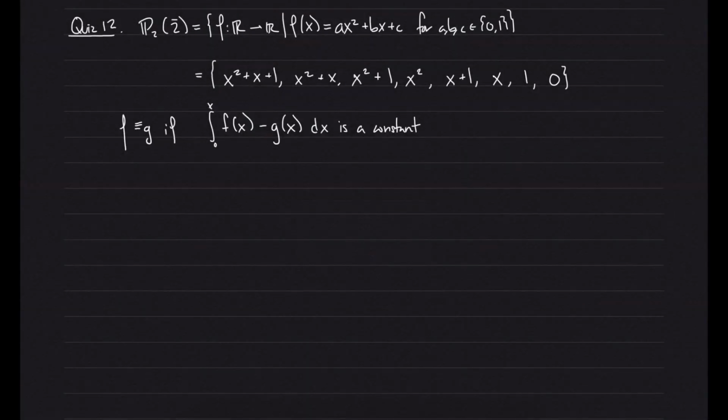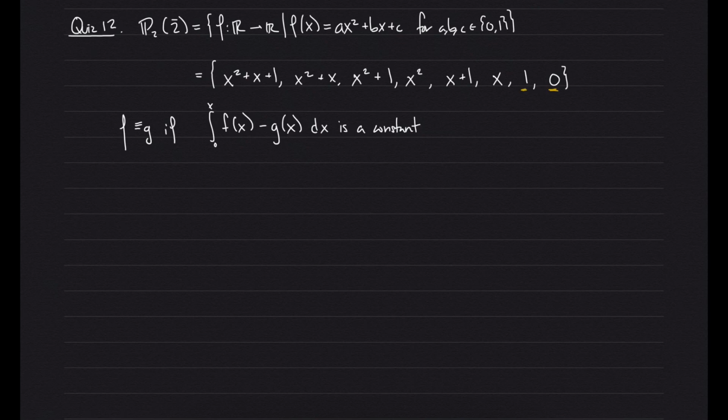Maybe it's slightly more correct for each of these to write lambda x, x squared plus x plus 1, the function that sends x to x squared plus x plus 1, but I've just left that out to make it a bit easier to read. So we've got these 8 polynomials.